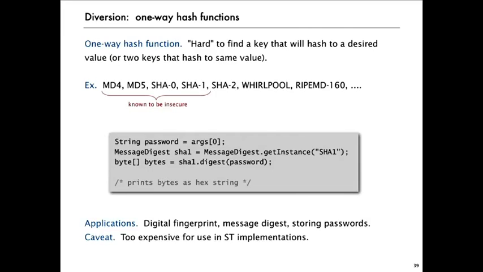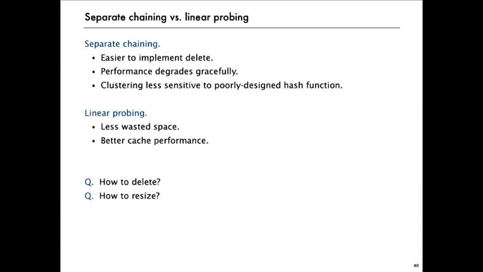This technology is useful for storing passwords and digital fingerprints and things, but it's too expensive for use in a symbol table. So the bottom line is separate chaining versus linear probing as collision resolution methods.